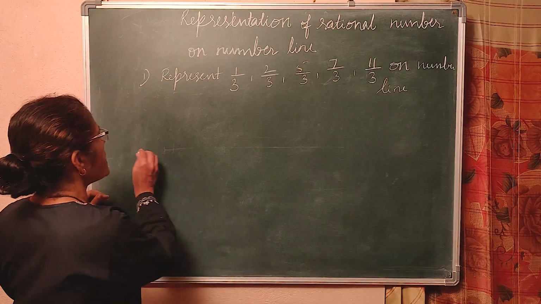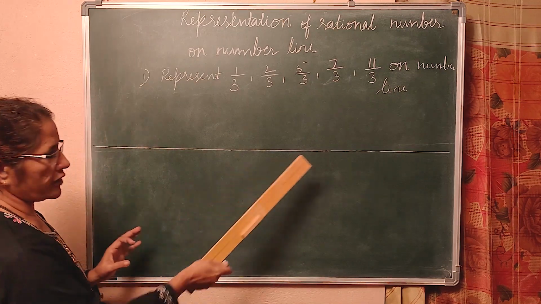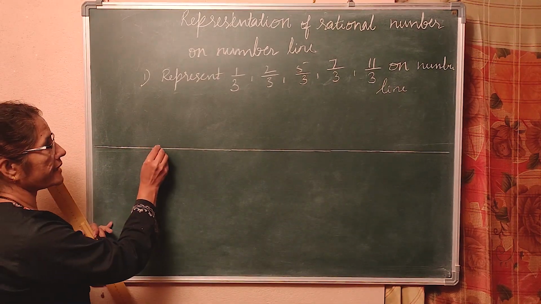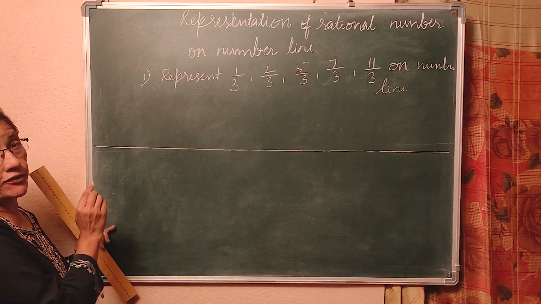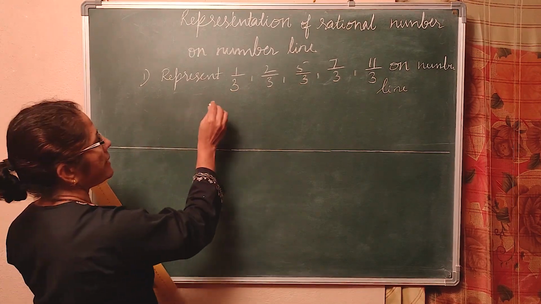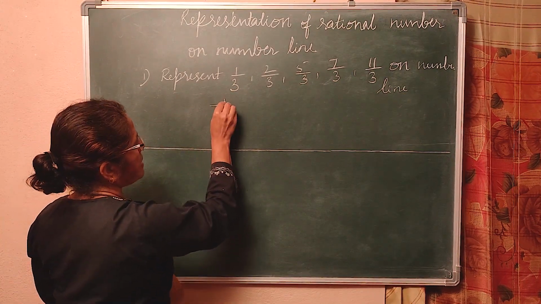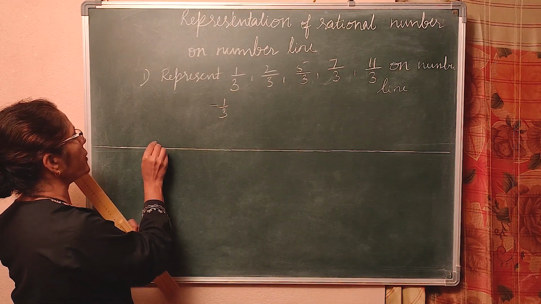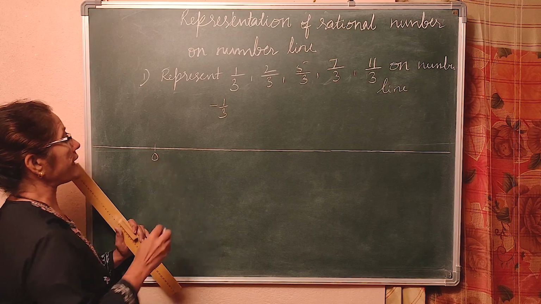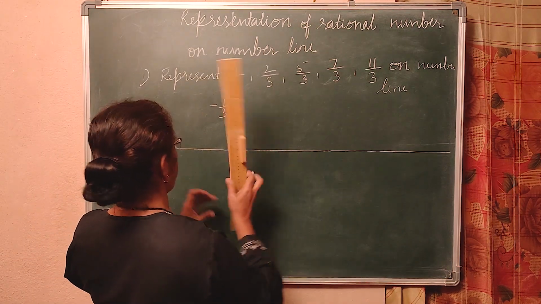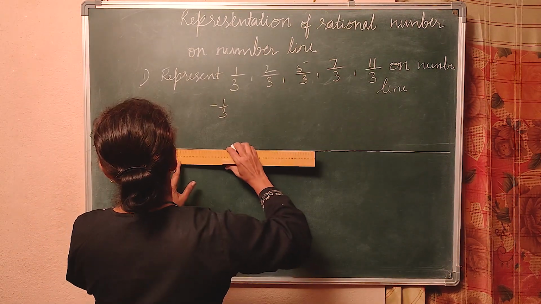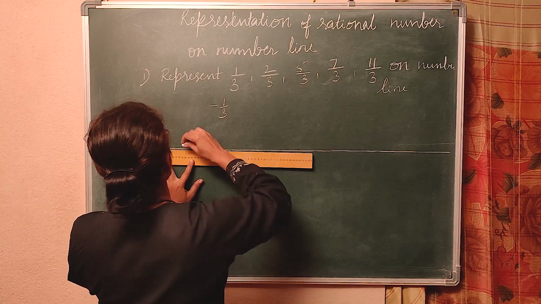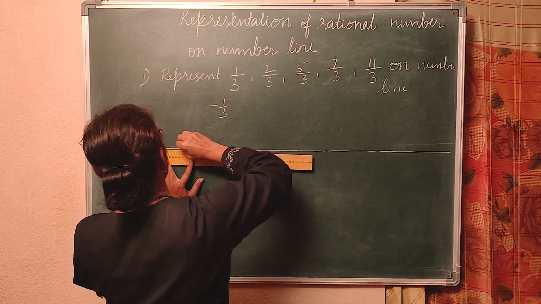See, I have drawn the line. There are no negative rationals here. Suppose I insert minus 1 by 3 as well. I take 0 here. After that, I take regular intervals.